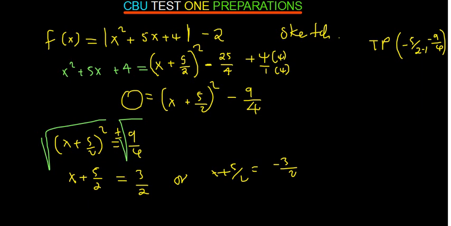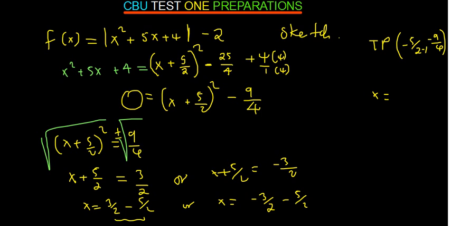I'll now take the 5 over 2 to the other side of the equation. So x is equal to 3 over 2 minus 5 over 2, or x is equal to negative 3 over 2 minus 5 over 2. Since the denominators are the same, I'll just say 3 minus 5, that's negative 2.